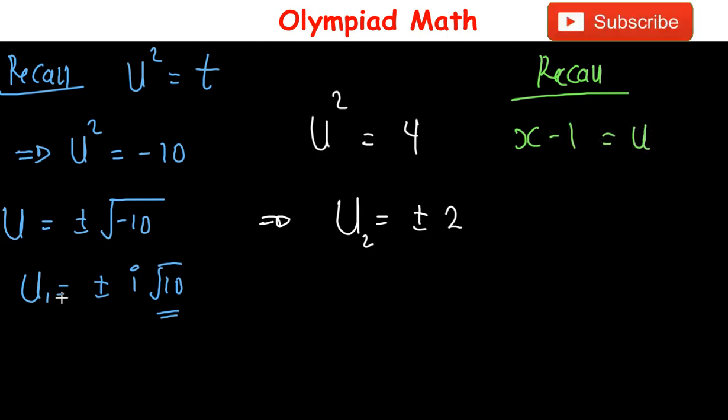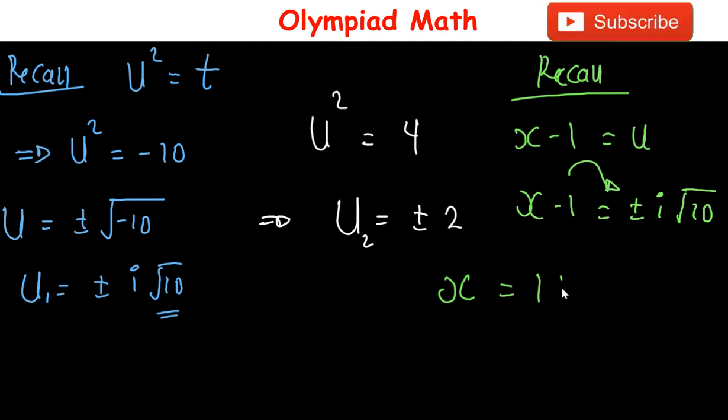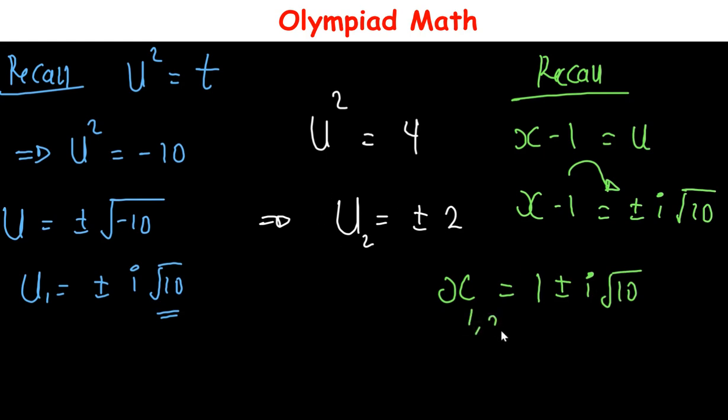And we got the first value of u as plus or minus i times root 10, so x minus 1 is equal to plus or minus i times root 10. Move minus 1 over to this side, this becomes x is equal to 1 plus or minus i times root 10. And from this, we have the first and second solutions of x.